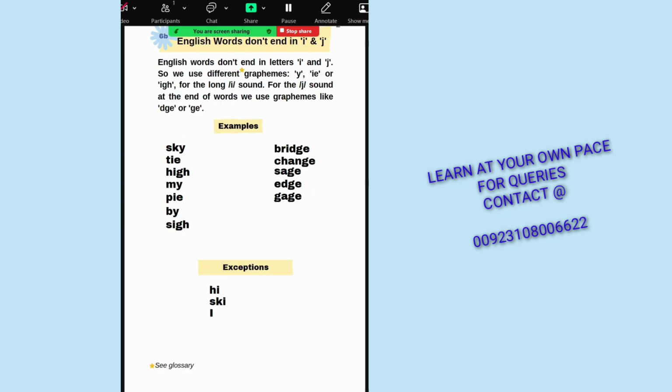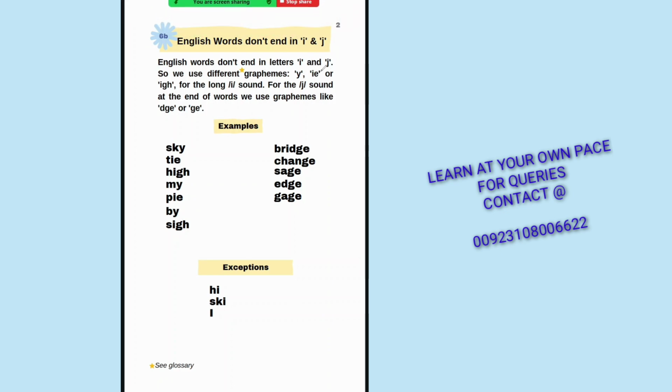Now, one more thing: English words also don't end in the letters I and J. So for this, what do we do? For the letter I, we use the letter Y, and IE or IGH for the long I sound, and for the J sound at the end of words, we use graphemes like DGE or GE.